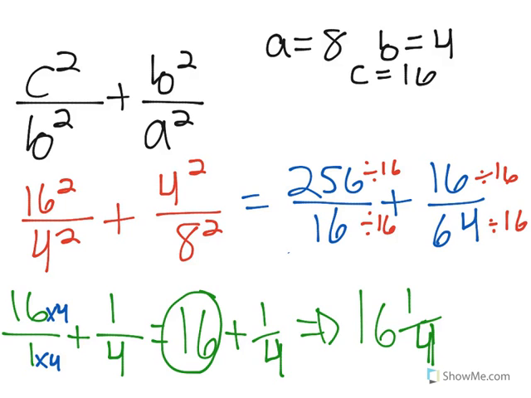My point is, if you have a whole number plus a fraction, you don't need to worry about finding common denominators, because that's literally what a mixed number is. A mixed number is a whole number plus a fraction of a number, so it's 16 and 1/4.